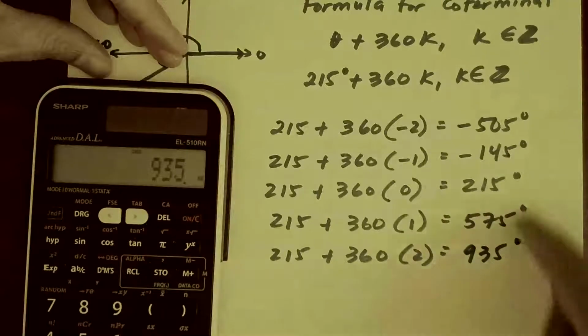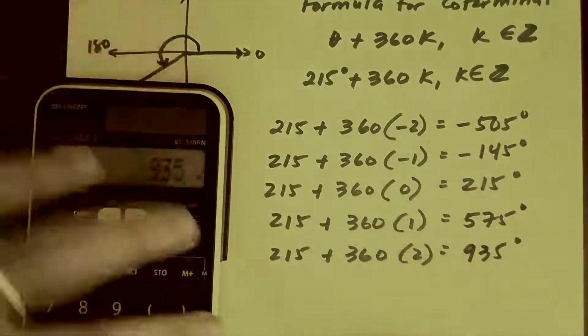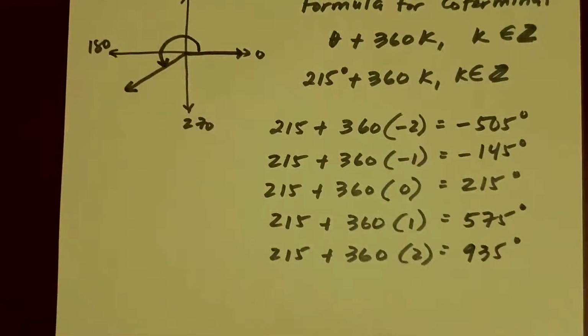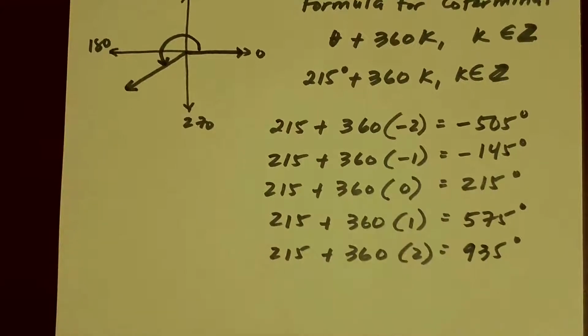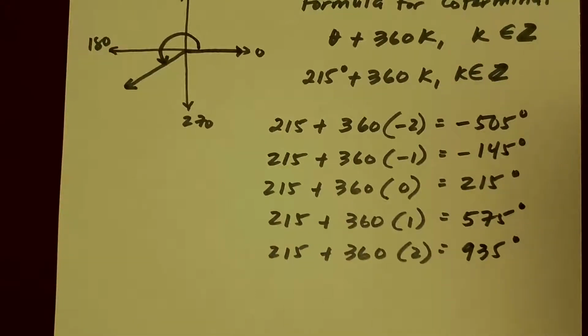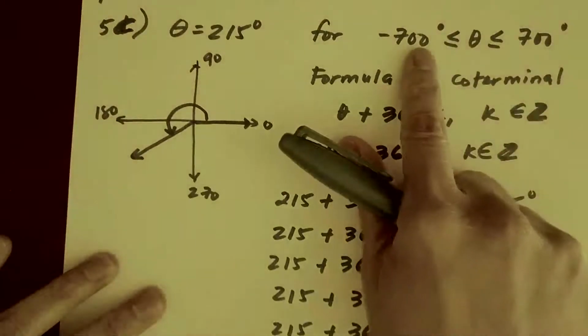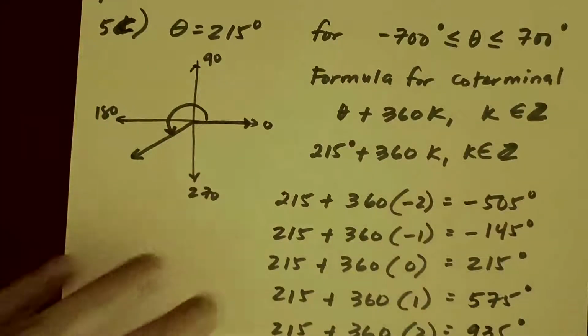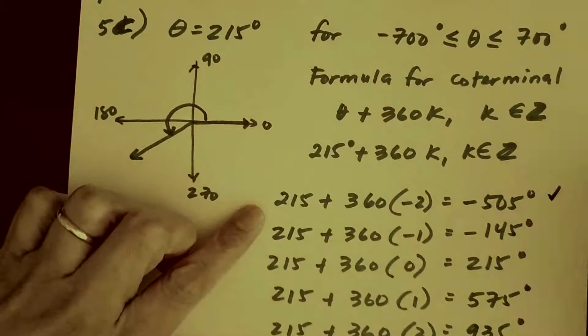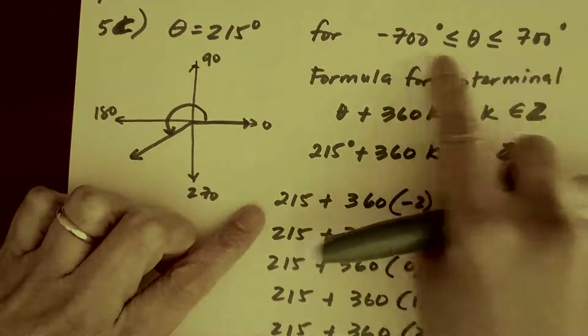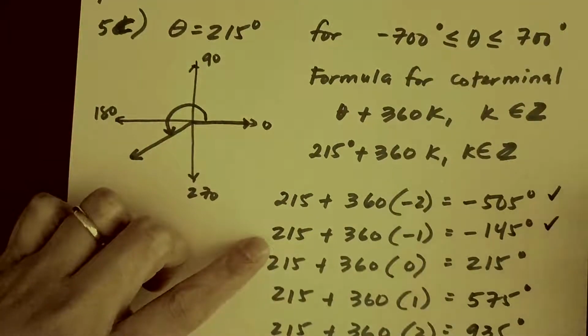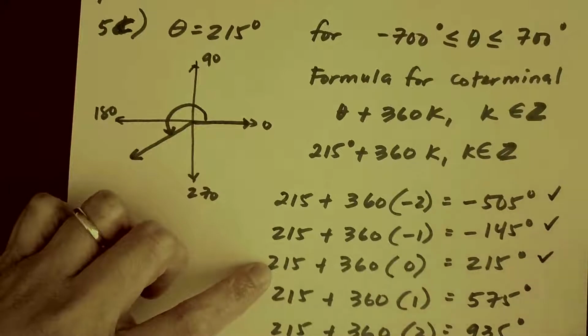So all of these are coterminal for 215 degrees. But the thing is that some of these don't fall within the domain of negative 700 degrees to positive 700 degrees. This one falls within that domain. This one also falls within that domain. This one falls right into that domain.